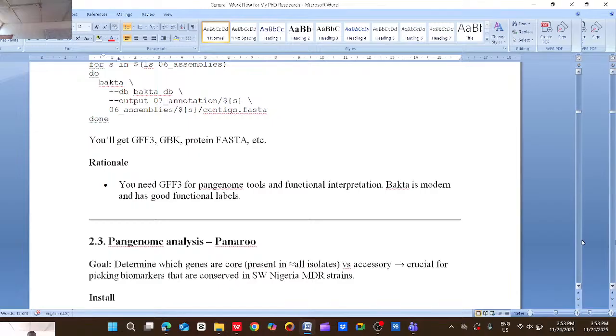The first one is different types of, differentiate. The second one is you have to demonstrate, that is, you have to upload what I have done for you today. You have to do it. Then the third one is that you have to retrieve FastQ format for 5 different bacteria.